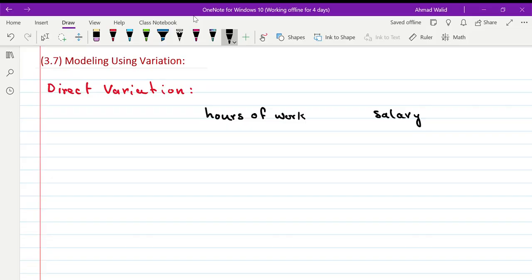Hours of work is a quantity, because in general you can call it time. Salary is another quantity.